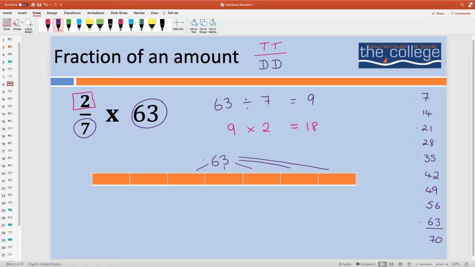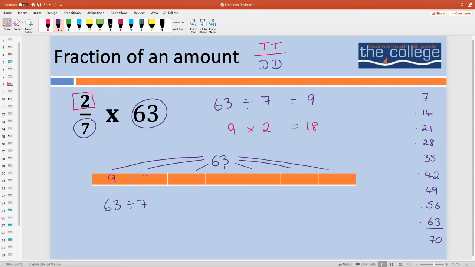Okay, so whenever you're splitting something up equally into boxes, like in ratio or here dividing, you are doing 63 divided by the 7 boxes, and it's 7 because we're dealing in sevenths up here. So again, you have to know your times table to work out that that is 9 in each box.